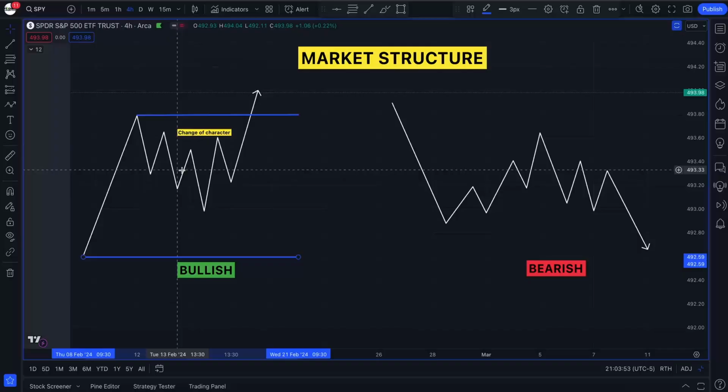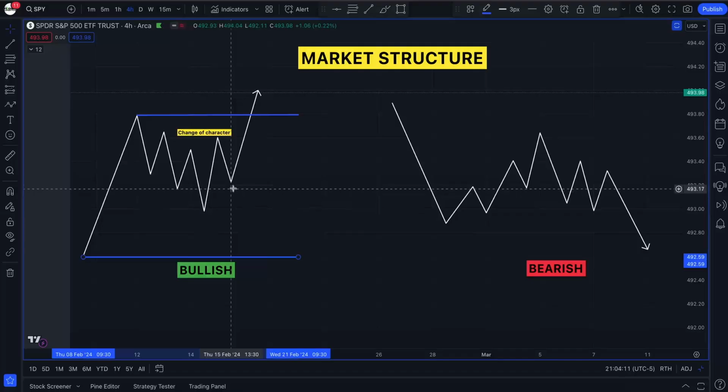It was just a pullback in order to continue the move to the upside. So when you see a point that's higher than the previous point, that's a change of character in this bullish example.